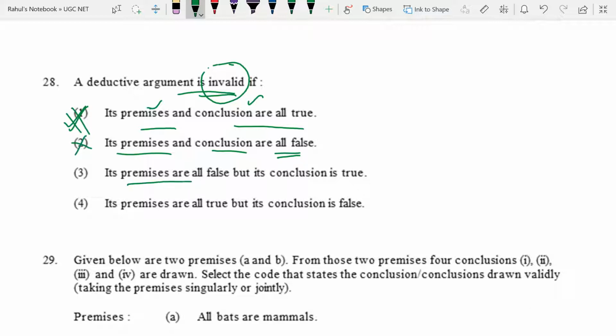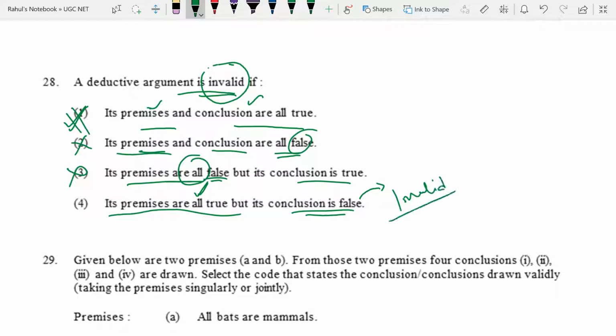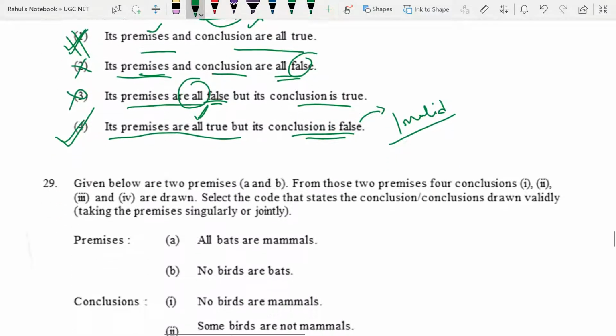If its premises themselves are false, then there is no need to find whether it is valid or invalid. Option 4, if its premises are true but conclusion is false, it means that it is invalid. So option 4 is correct. If they asked valid, then option 1 may be the correct answer.